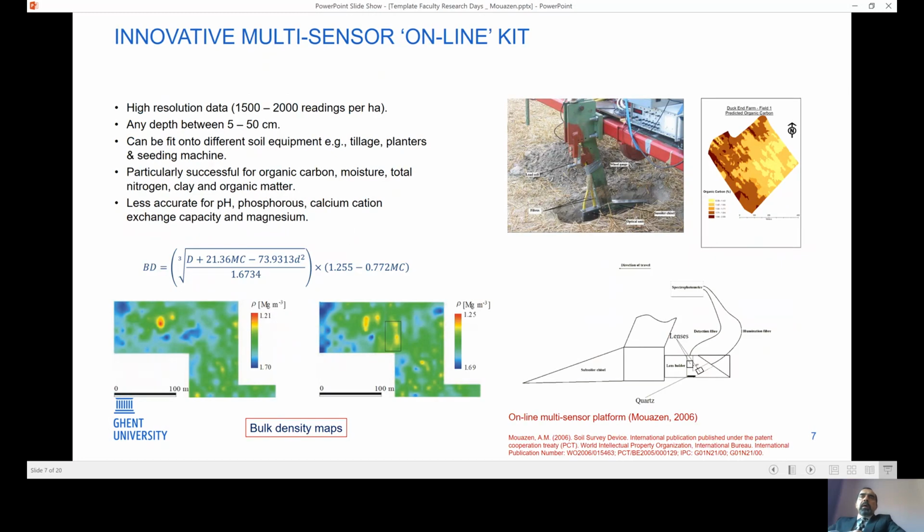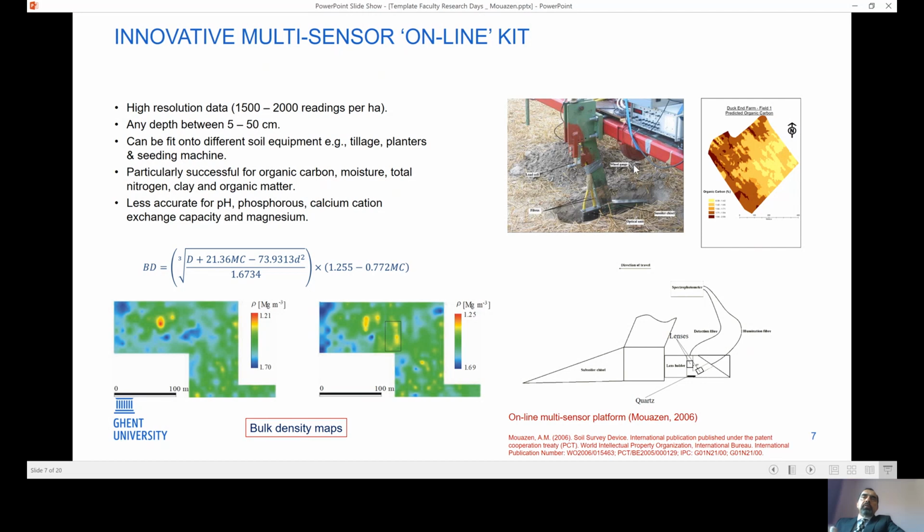For that, I give you an example of what we have here at Ghent University in our faculty under my group. We have an online multi-sensor platform that consists of a tine to cut the soil, and behind it there is a lens holder in which there are two lenses, and these two lenses are connected to a visible and near-infrared spectrophotometer via two fibers, one fiber to illuminate light and the other to collect back the diffuse reflected light into the spectrophotometer.